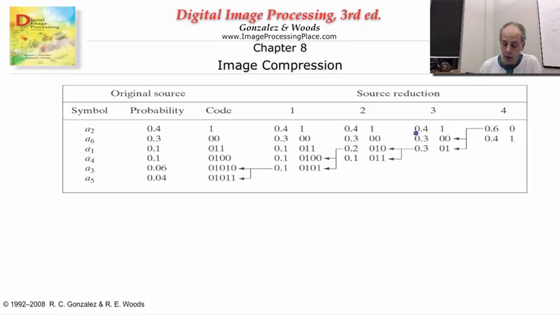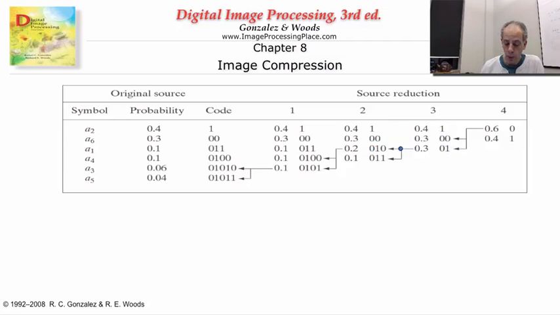So now all the symbols that led to this group, and we're going to see it was actually only one symbol, will have this code, and all the symbols that propagated to this probability will have codes that start with 0, 1. So now we keep propagating. We propagate the 1 to the 1, the 0, 0 to the 0, 0.